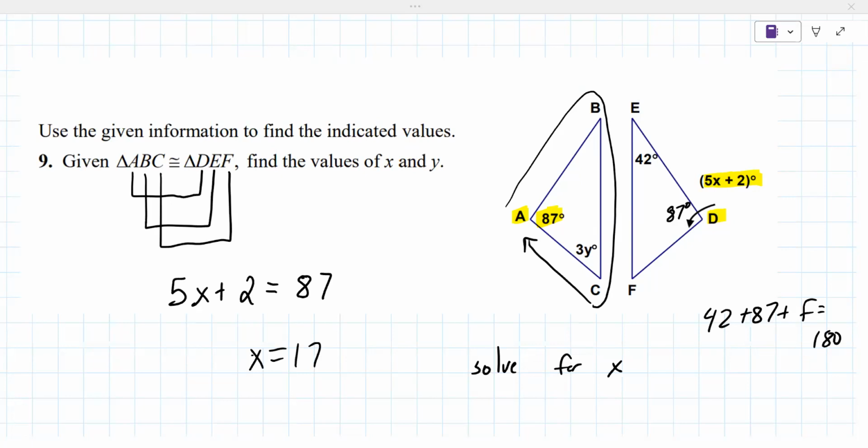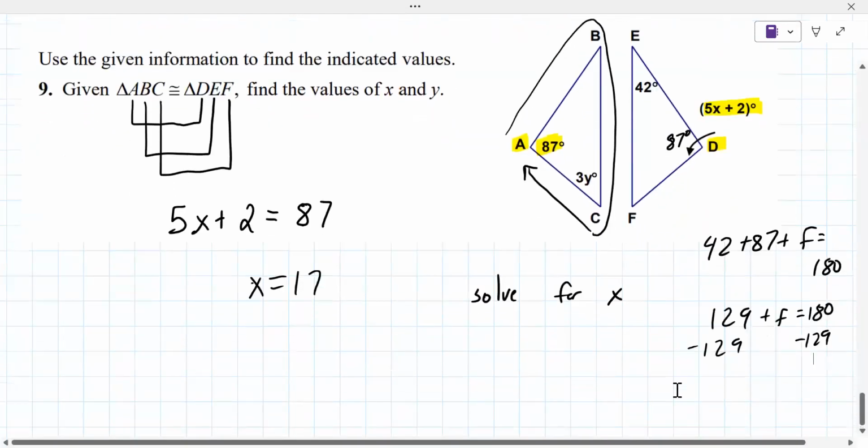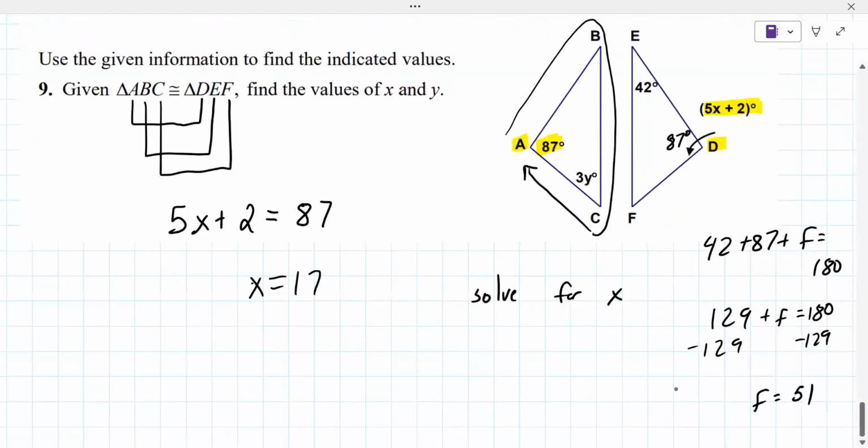Feel like we're just not on the same page here. 42 plus 87 is 129. Plus F equals 180. Subtract 129 from both sides. So F equals 51.